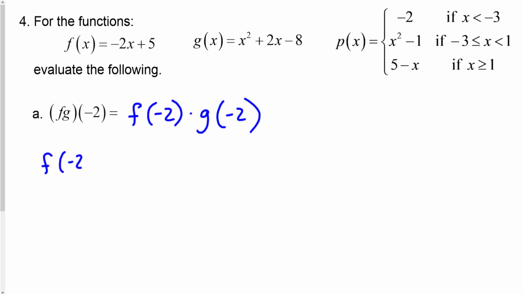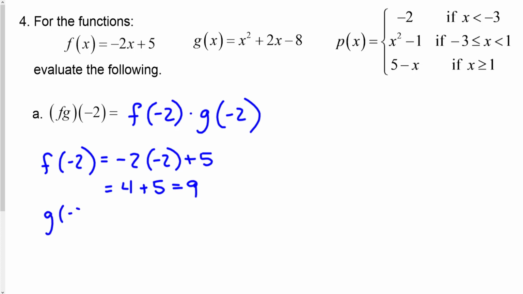So f of negative 2 would be negative 2 times negative 2 plus 5, which is 4 plus 5, or 9. g of negative 2 is going to be negative 2 quantity squared plus 2 times negative 2 minus 8.